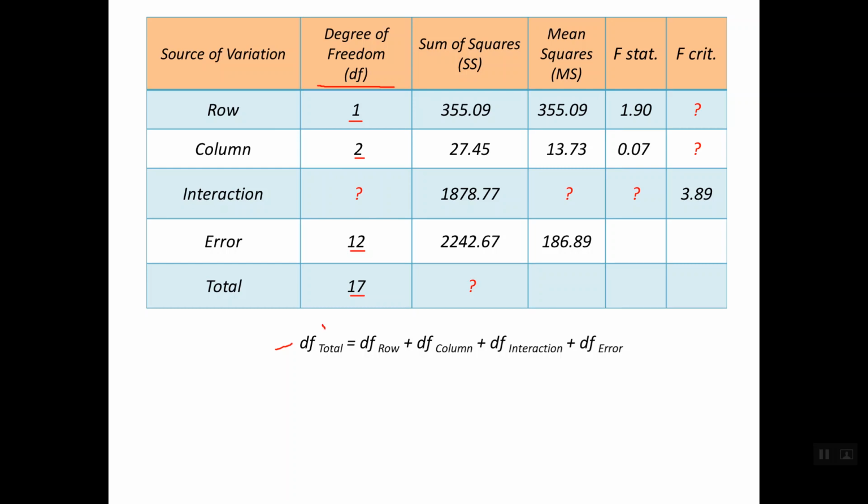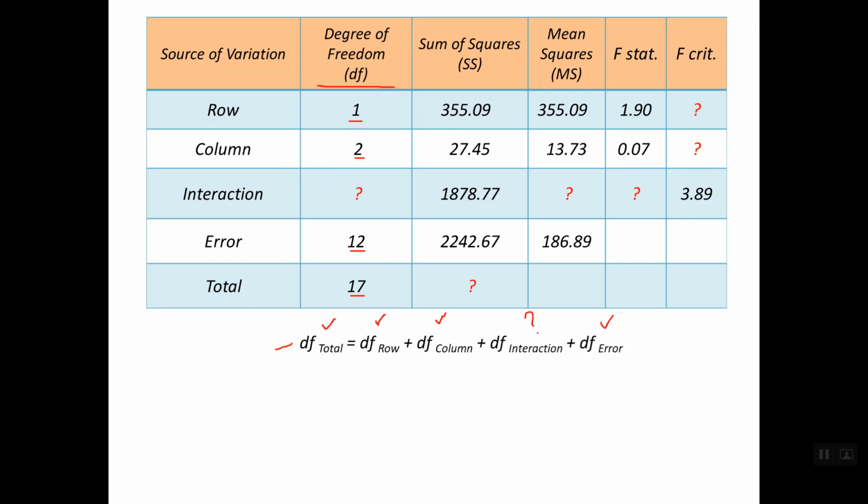So the df total is known, the df for the row is known, for the column is known, for the interaction it is missing, and for the error it is again known.